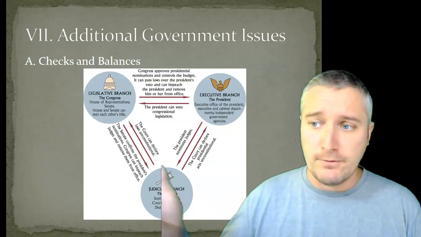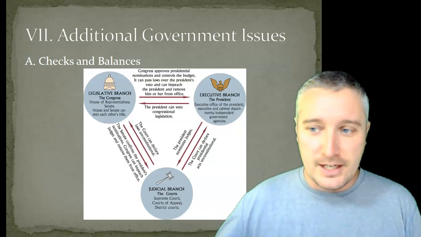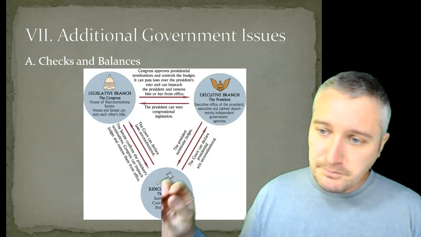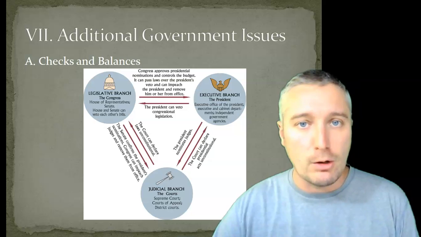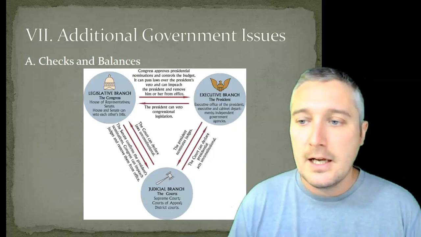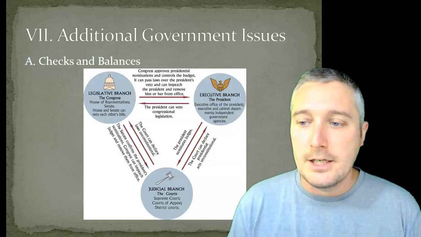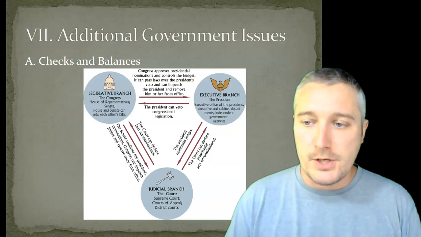The reverse check from the executive on the legislative is that the president can veto. Any law that gets passed by the legislative branch, the president can then veto. Let's take a look at the relationship between the legislative branch and the judicial branch, the court systems.